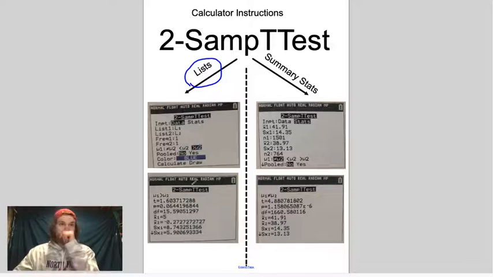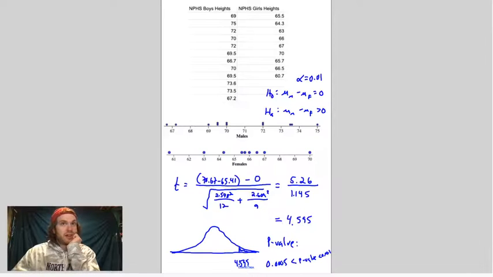Just remember, the degrees of freedom your calculator uses is not going to be the one we used, because we're using the conservative estimate from the last lesson. The calculator uses a different formula, but it should give you roughly the same result, so you can still check your answer there.